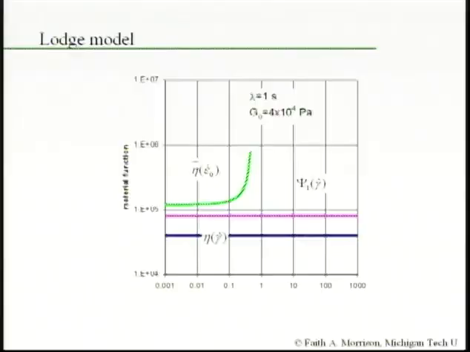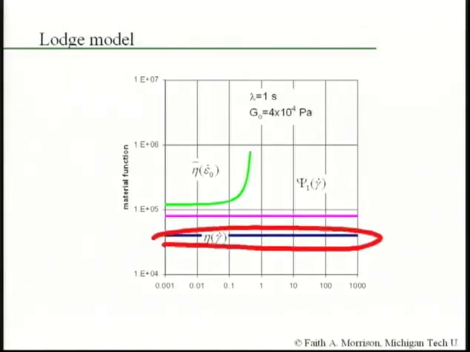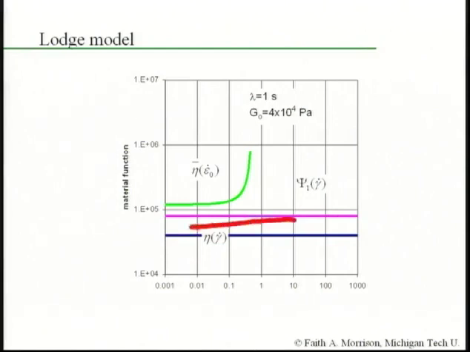So the predictions of the Lodge model are summarized on this plot. It predicts a constant steady shear viscosity, and it predicts a constant and larger first normal stress coefficient that is independent of shear rate. So it's a start, but remember that both of these shear thin. Okay, both of these thin.